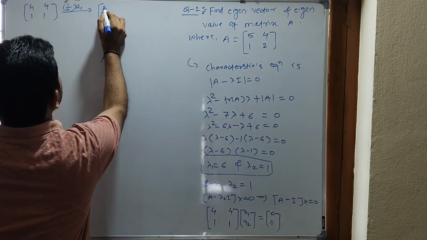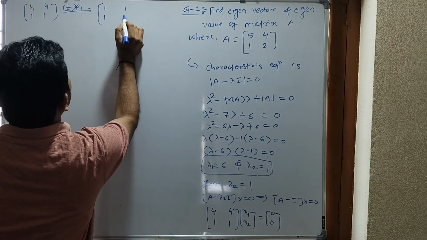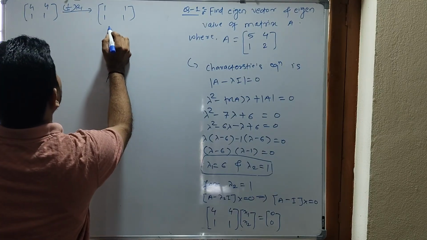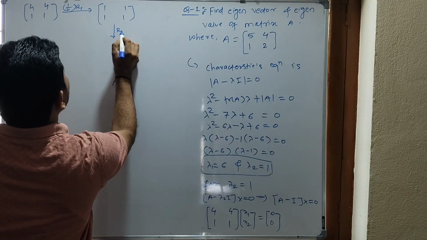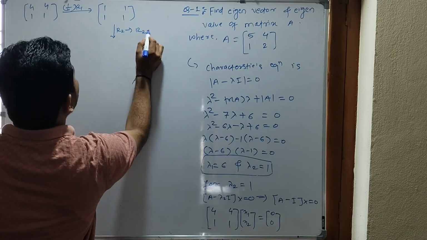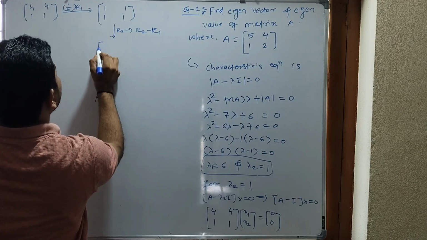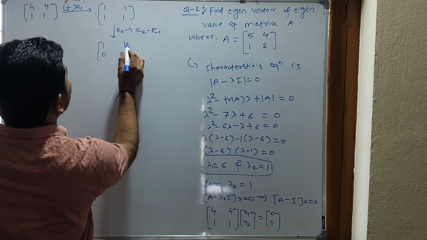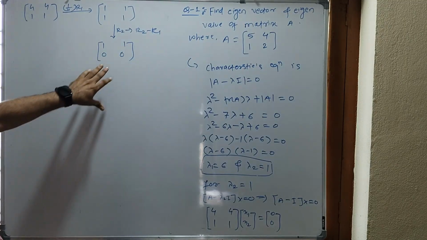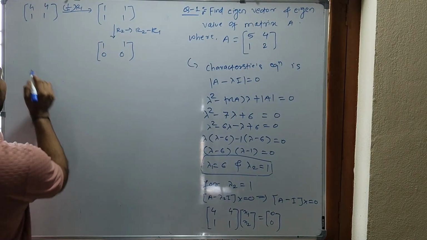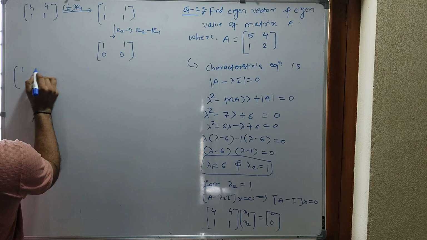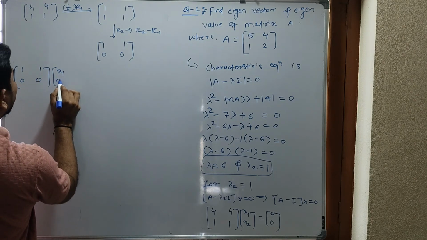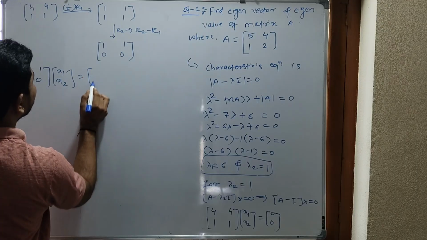So here I got the matrix as 1 1, 1 1. After that I will apply the elementary operation R2 changes to R2 minus R1. So here I got 1 minus 1 is 0, and 1 minus 1 is 0. So now this matrix is in the echelon form. So I write 1 1, 0 0, times x1 and x2, equal to 0 0.